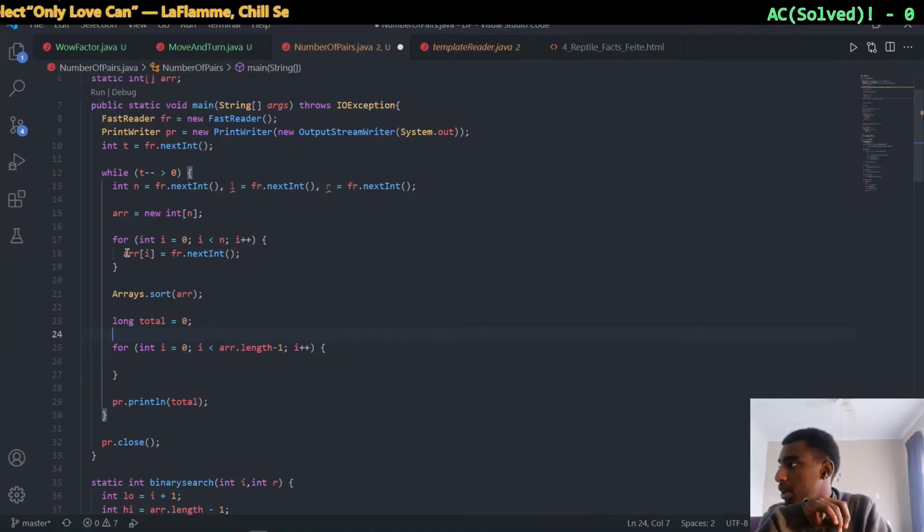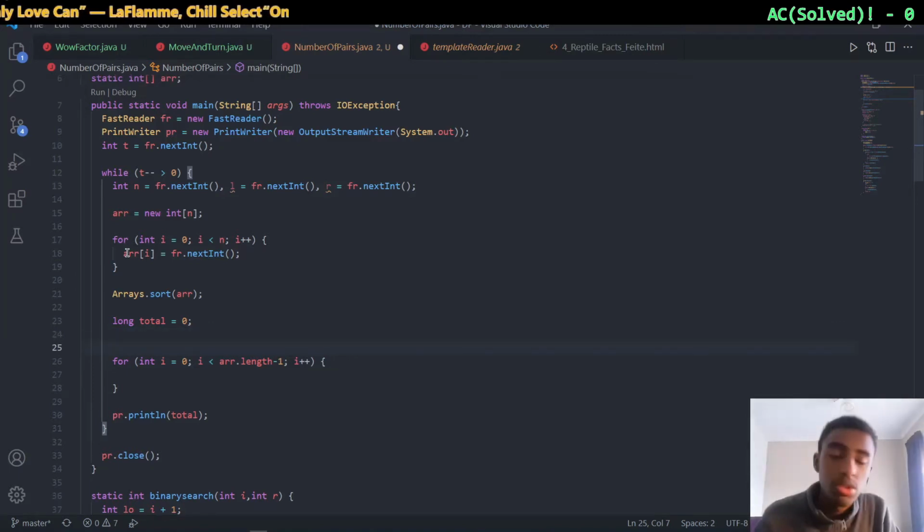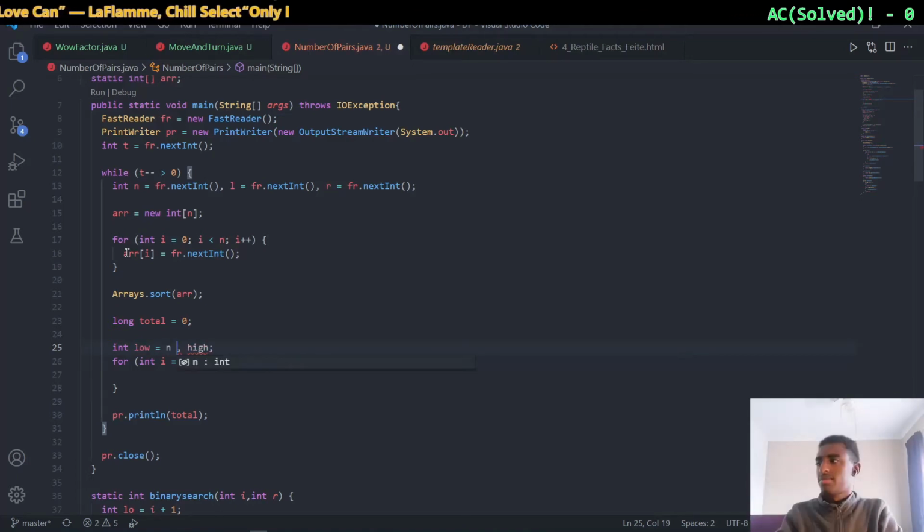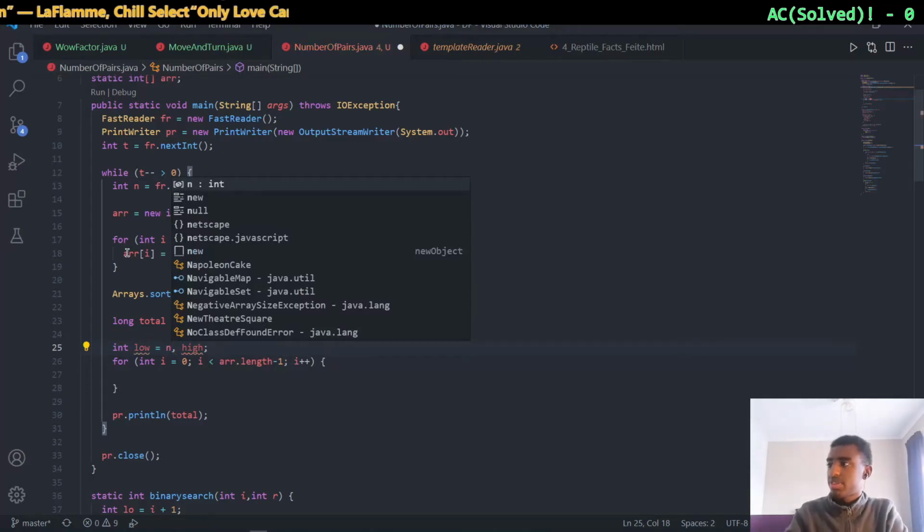So we read it in, we sort it, we have a total count. We need low and high. Okay, and then low is just going to equal n, I believe. Yeah, n minus 1.